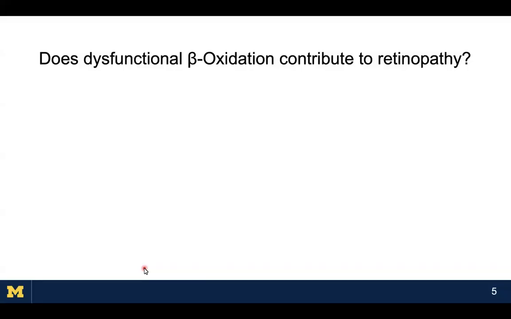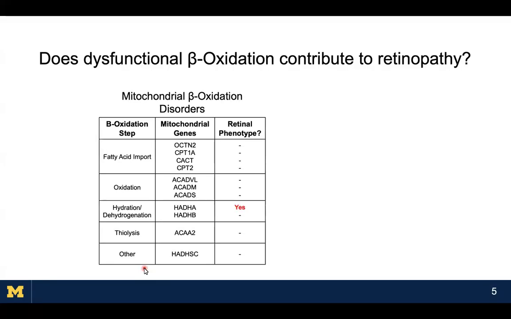So instead of going down that rabbit hole and trying to investigate ourselves, we've instead turned to patient data to try to figure out, does the dysfunction of beta oxidation specifically contribute to retinopathy, or more specifically, RPE atrophy? So if we look at different patients with single enzyme mutations in mitochondrial beta oxidation, we get this list with different beta oxidation steps within the mitochondria. And these genes are associated with each of these steps in mitochondrial beta oxidation.